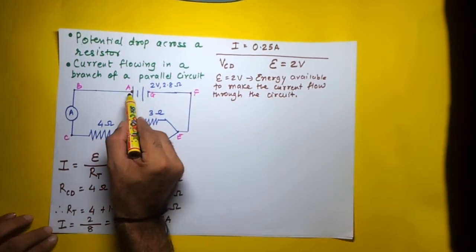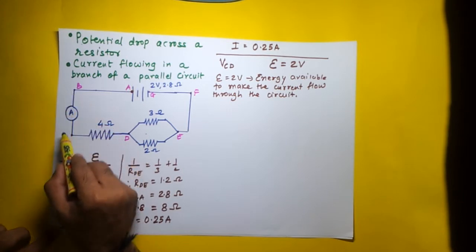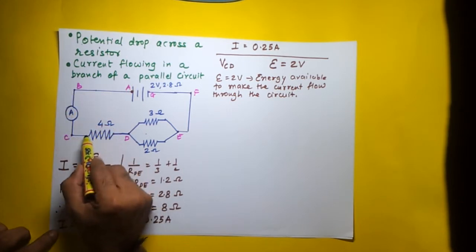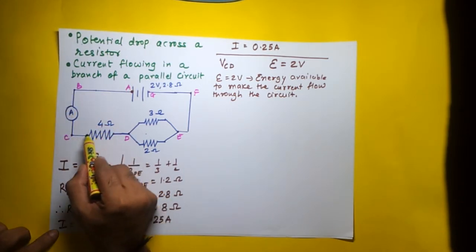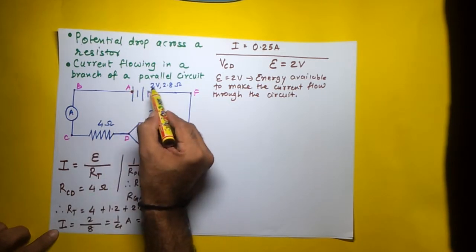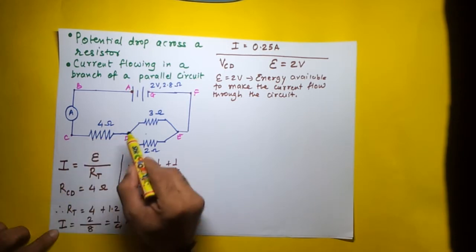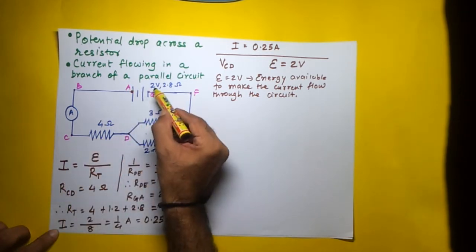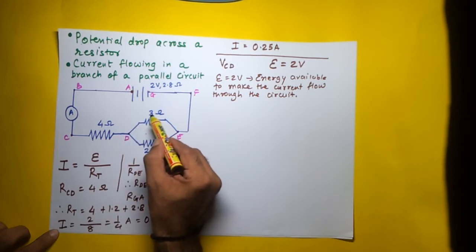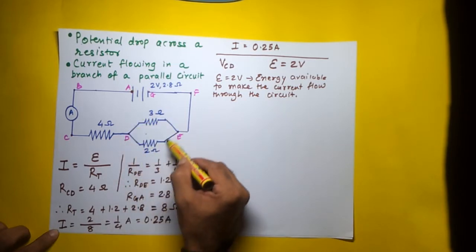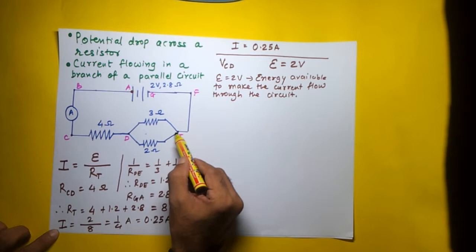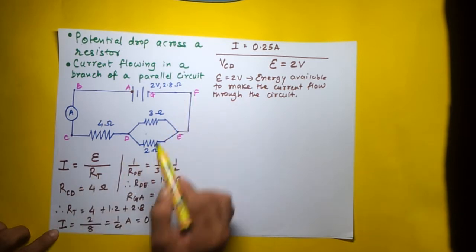Now 0.25 ampere current starts from A, reaches B, reaches C, and when it reaches here, right, it encounters resistance of 4 ohm. So out of these 2 volts, a part of the energy is given to the electron so that they are able to overcome the resistance and move further. Similarly, when they reach D, some part of 2 volt will be again given over here so that it is able to overcome the resistance offered by this DE part of the circuit, and it is able to move ahead.